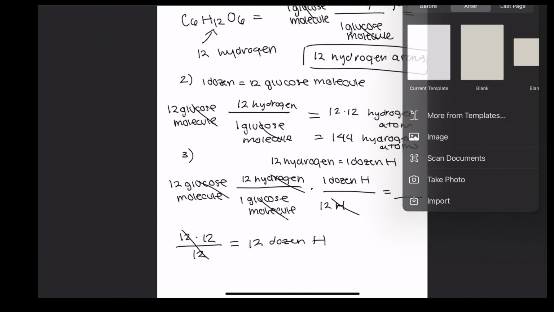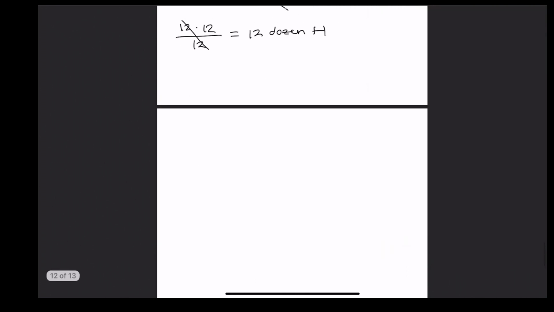Now let's solve it for oxygen. So if we replace question 1 through 3 with oxygen, it says how many atoms of oxygen are there in 1 molecule of glucose. So our glucose molecule is C6H12O6, and question 1 is asking how many oxygen atoms are there in 1 glucose.